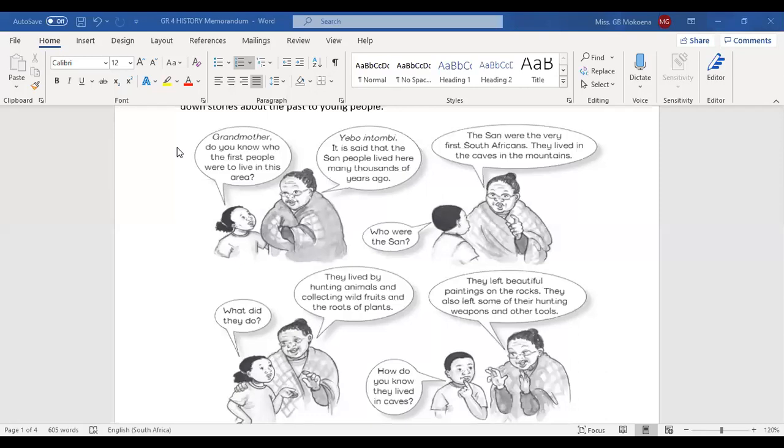They lived in caves in the mountains. What did they do? They lived by hunting animals and collecting wild fruits and roots of the plants. How do you know they lived in caves? They left beautiful paintings on the rocks. They also left some of their hunting weapons and other tools.